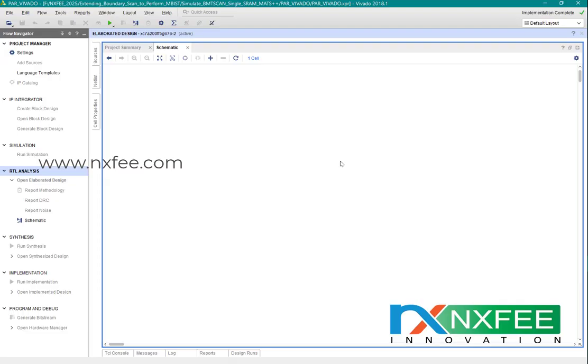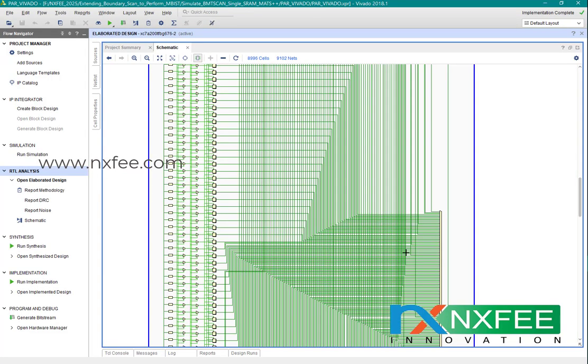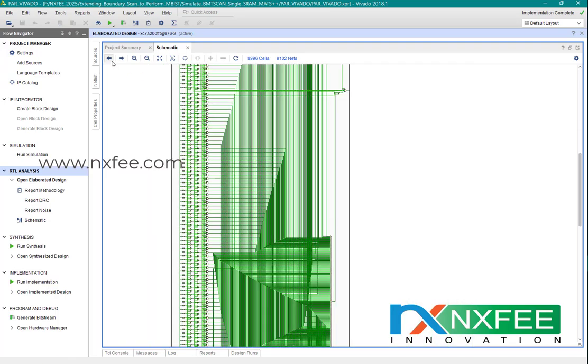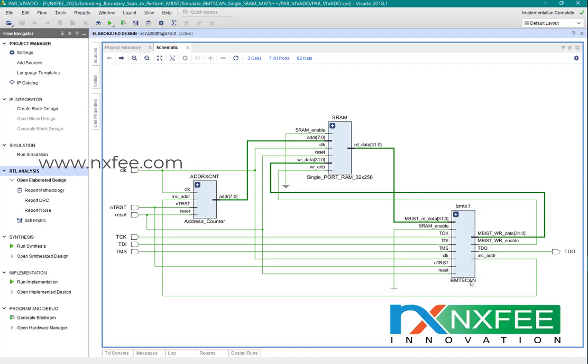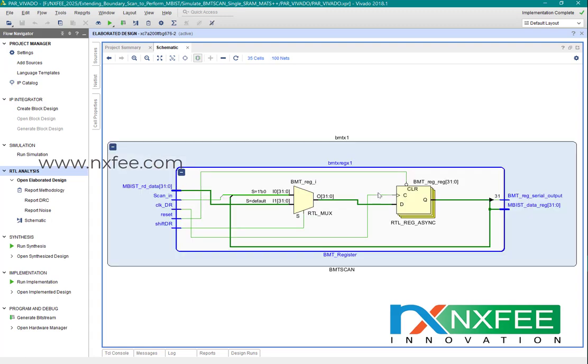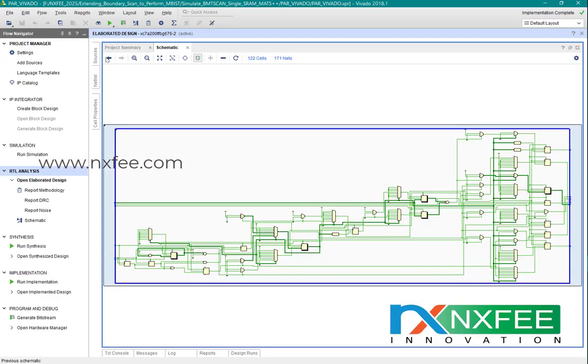The single port RAM comes with a unique architecture designed in Verilog HDL, so it is not generated with any core. The BMT scan method has BMT registers and a BMT controller. The BMT registers are purely designed with a shift register method, with a multiplexer, and this is the BMT controller.